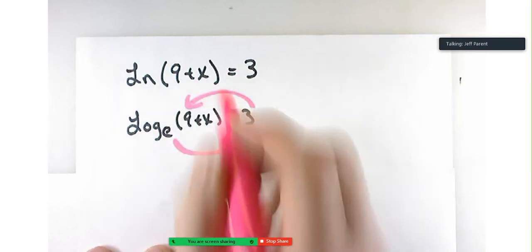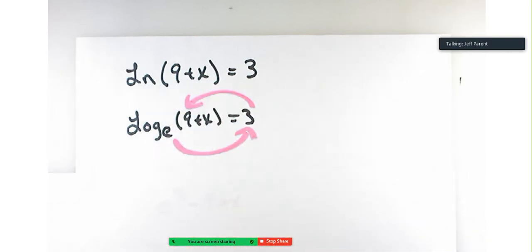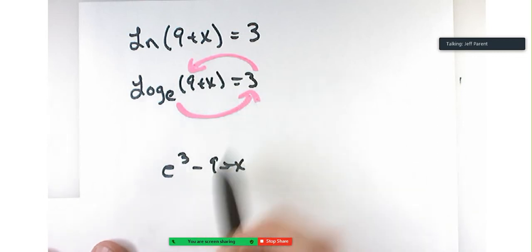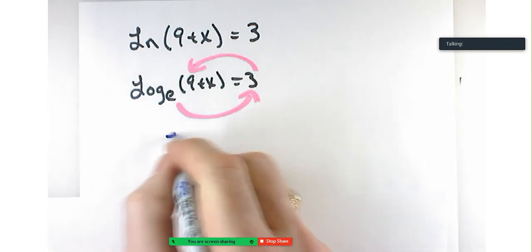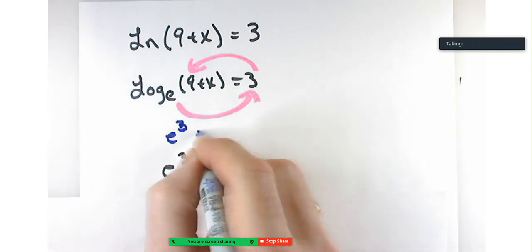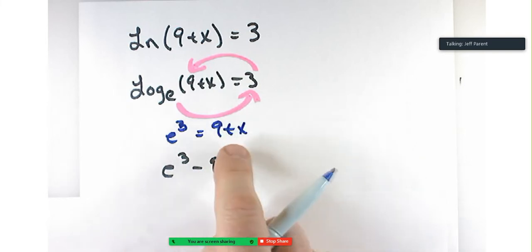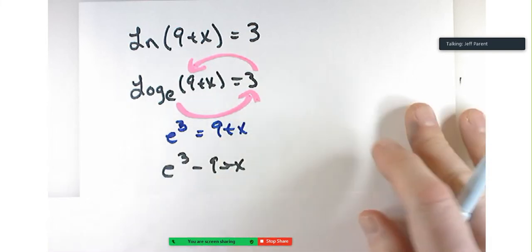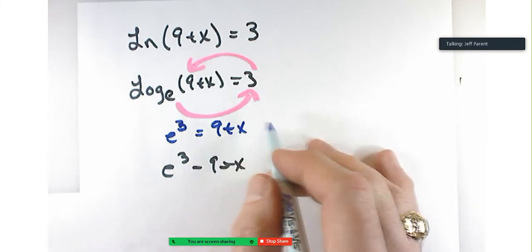E to that power equals this. So that'll give me e cubed equals 9 plus x. And if I subtract 9 from both sides, that's my answer.